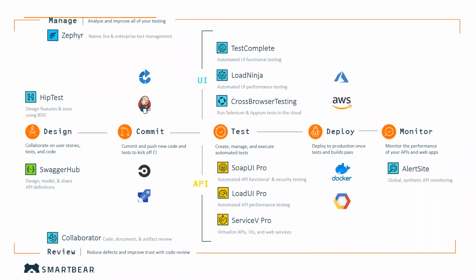So we have several products that cater to each one of those layers. And finally, when you go into production, you need to be able to monitor your application. So we have a tool called AlertSite that essentially monitors everything that happens in production. And an overarching aspect of our portfolio is test management, which our newly acquired tool called Zephyr takes care of. We also have a code review tool called Collaborator. But for this specific demo and webinar, we will focus on our flagship UI testing tool called TestComplete.